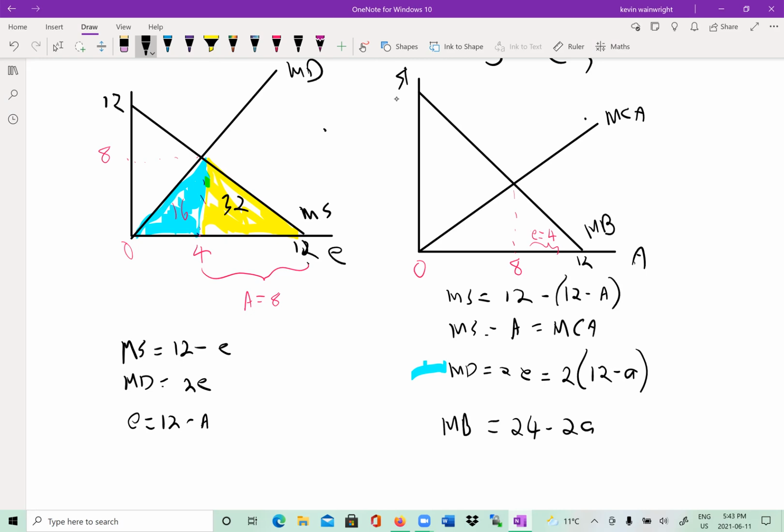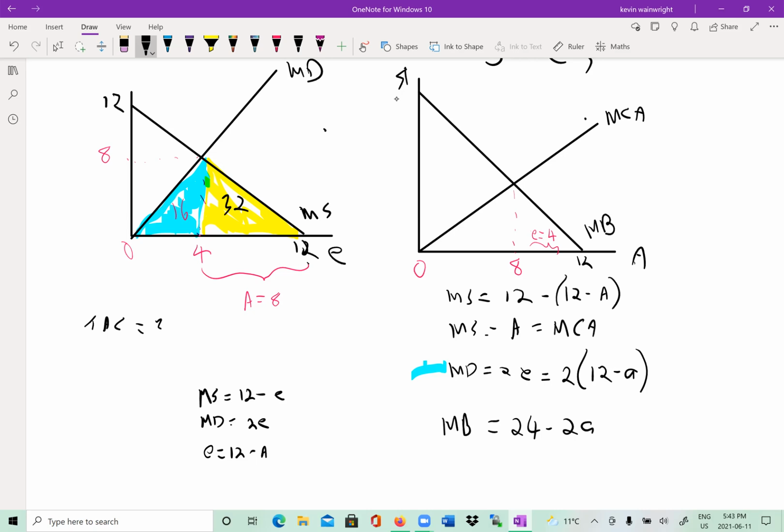So the firm, the polluting firm, sees that their total abatement cost is 32. Total damages to the environment is 16.